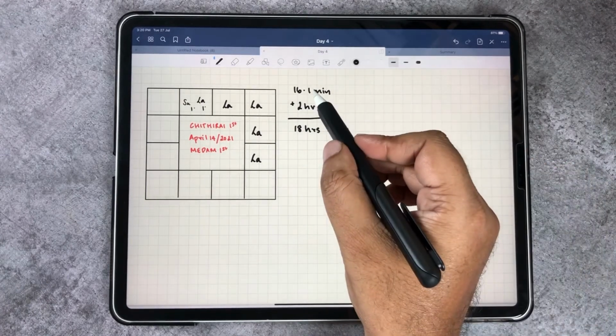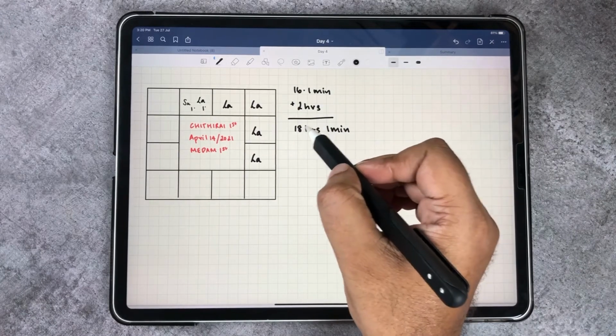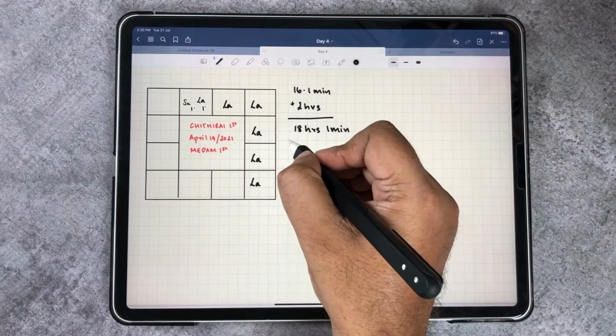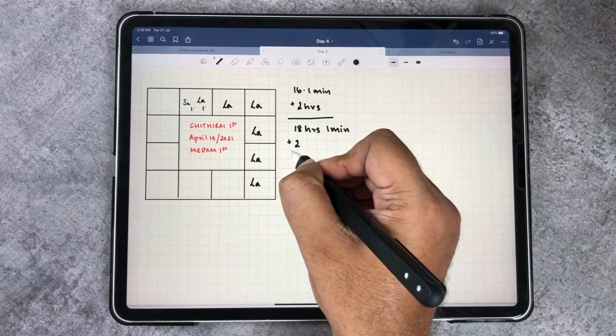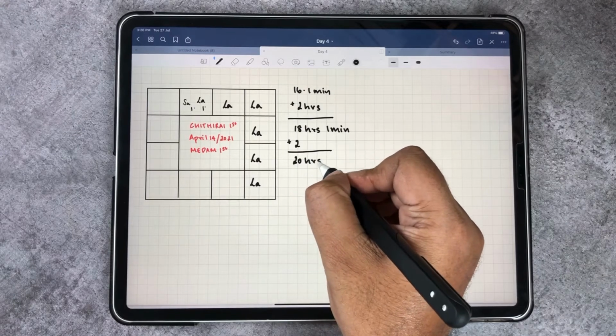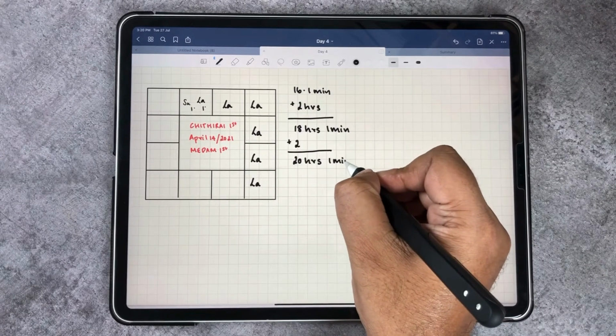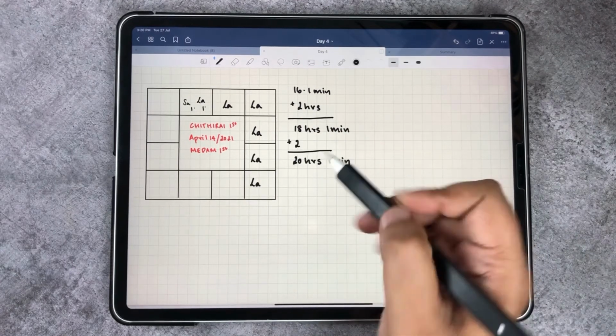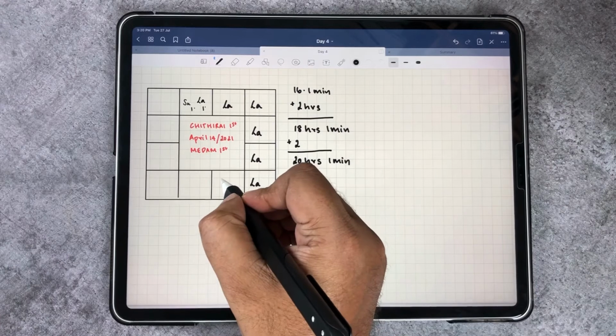So from 16 hours 1 minute to 18 hours 1 minute, you would have the Kanya Lagnam. Next you add another 2 hours, 20 hours 1 minute. So from 18 hours 1 minute to 20 hours 1 minute, you will have the Tula Lagnam.